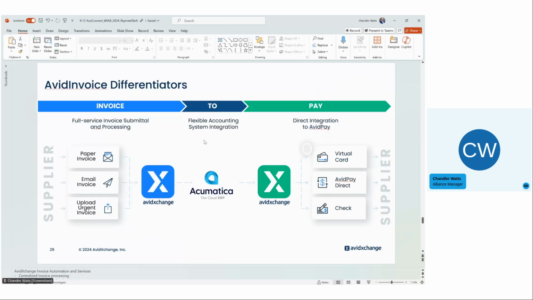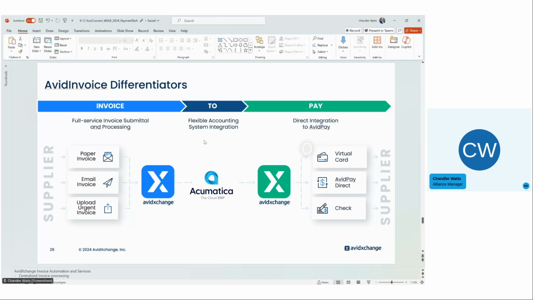Now, here's a little bit of what the Avid invoice process is going to look like, right? We're a full service end-to-end AP program here, so we can collect that invoice, whether it's paper, email, or something urgent that's going to be a direct upload. We're going to send that information into your ERP.